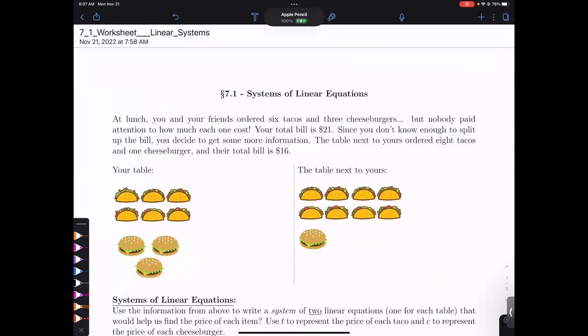All right, so we're going to look at two equations, two unknowns. Both of them happen to be linear. Here's an example to get us started. Take a few minutes with your groups.